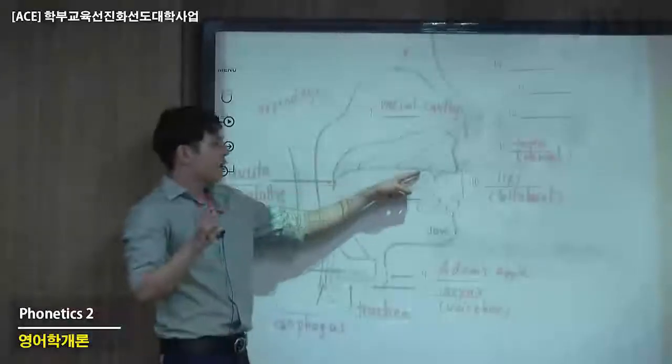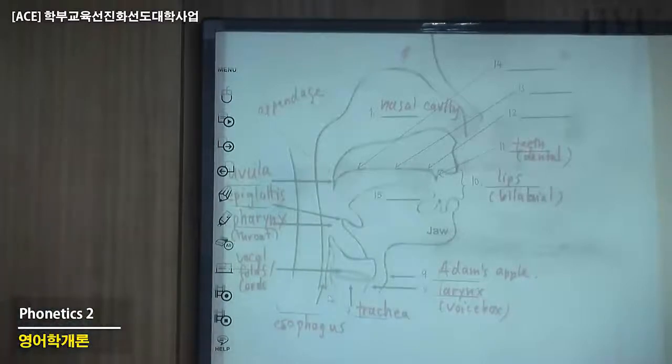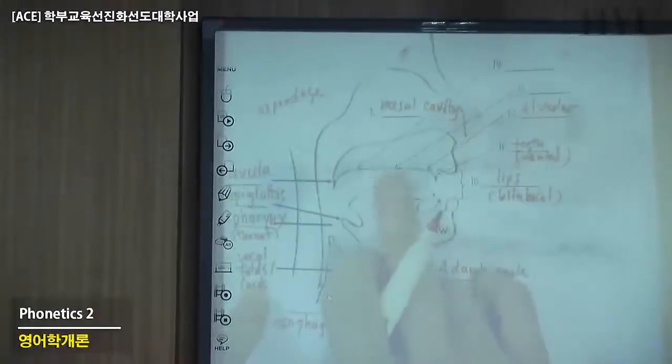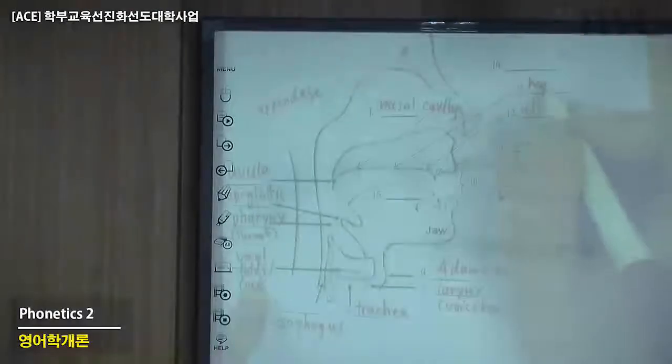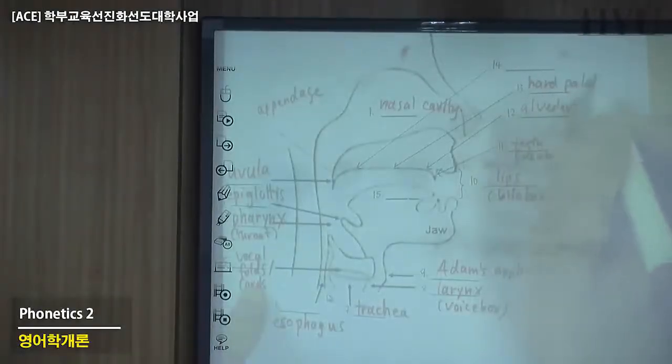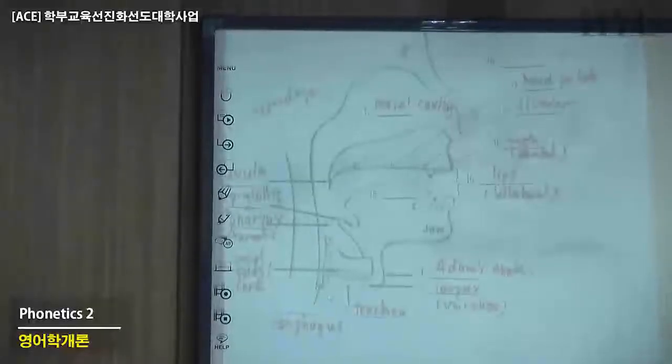Twelve is the area behind the upper front teeth. We call that alveolar. Number 13 is the area connected to the alveolar area. We call that the hard palate. The adjective form is palatal, right?